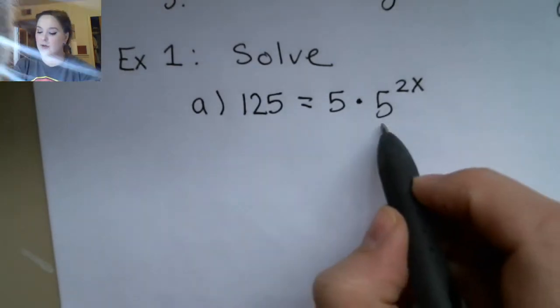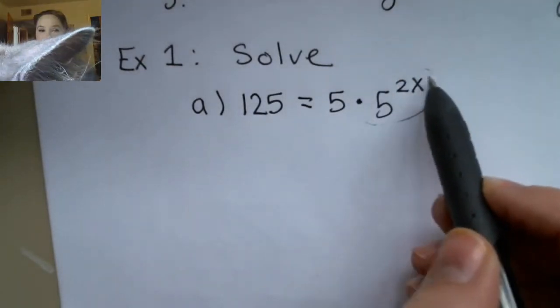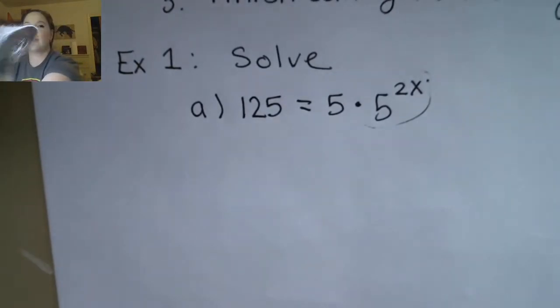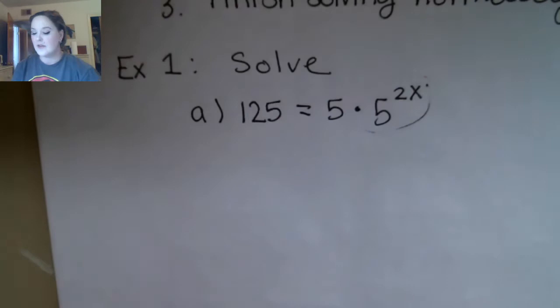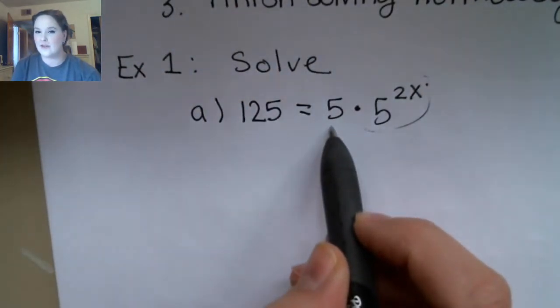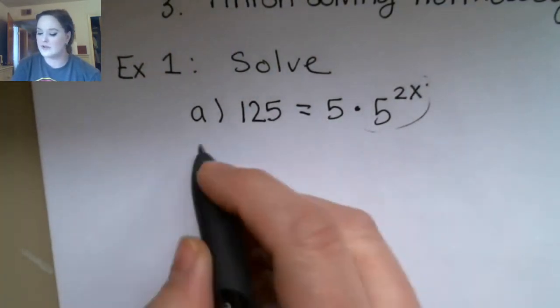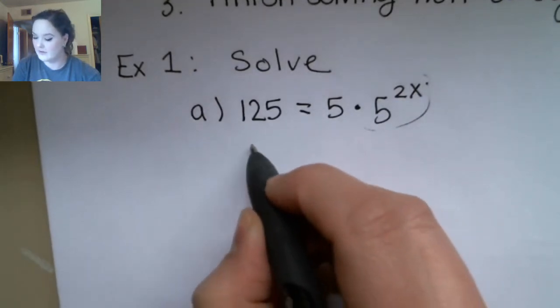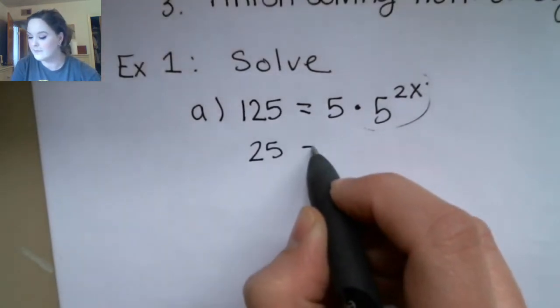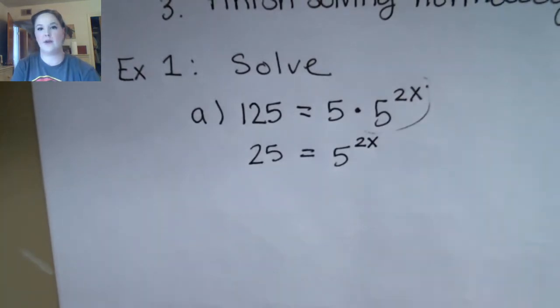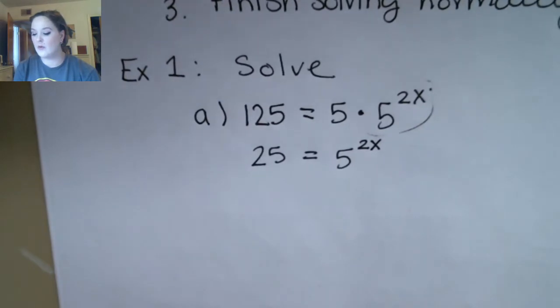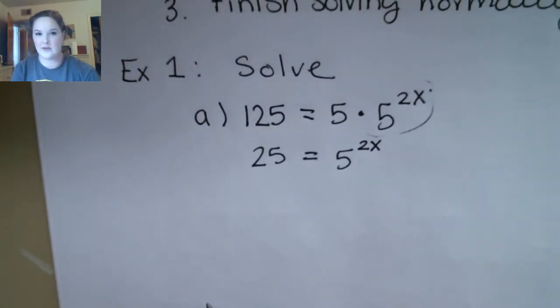So the first thing we want to do is isolate this exponential part, the 5 to the 2x part. We're going to do that by dividing away this 5, so we're going to divide both sides by 5. And then now is when you have to decide what method you're going to use.